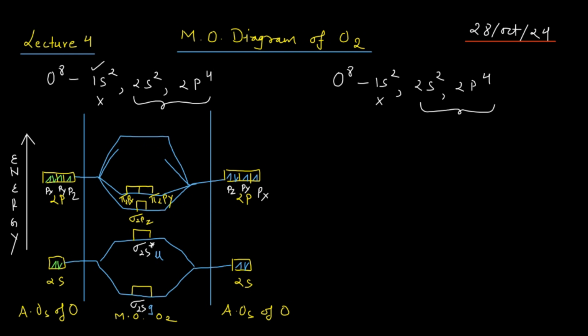It is very difficult to draw the diagram using this particular pen. So then here you will have your sigma anti-bonding 2pz, and these two are pi anti-bonding 2px, pi anti-bonding 2py.